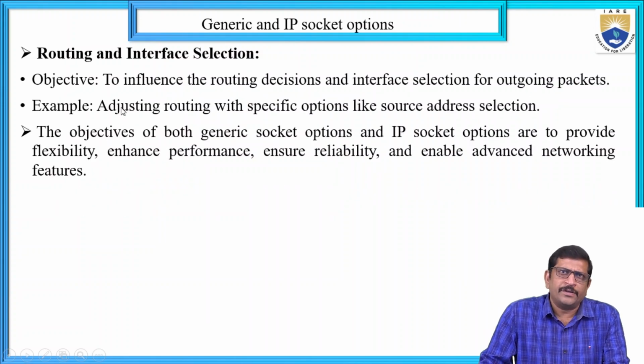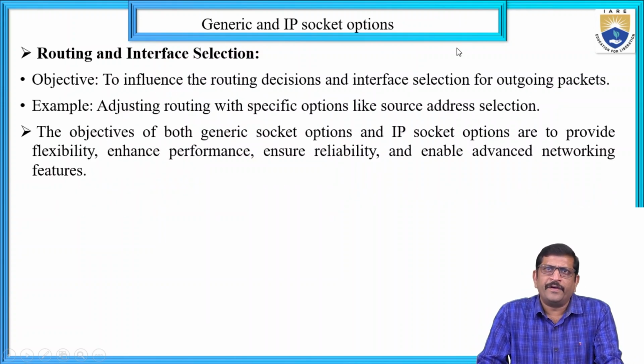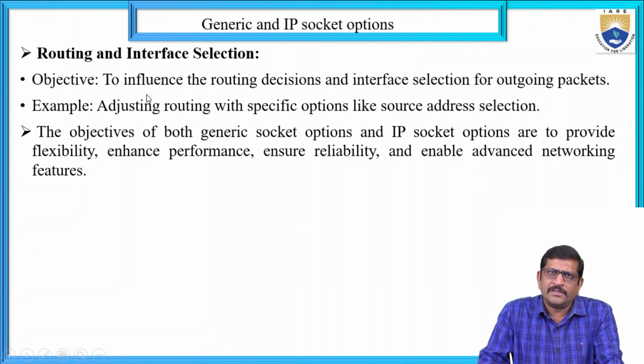Next, routing and interface selection. The objective is to influence routing decisions. That means if you send packets from one source device to a server device, multiple routings are possible.